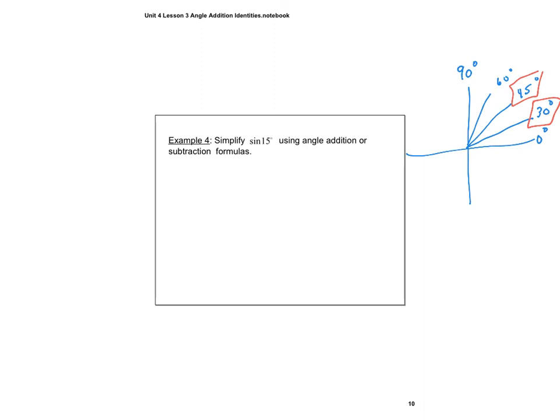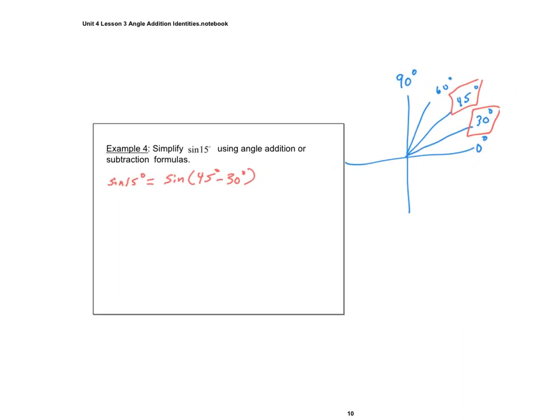So we're going to say that the sine of 15 degrees is equal to the sine of 45 degrees minus 30 degrees, right? Because the sine of 15 degrees, we don't know what that is, but we know some of these values at 45 and 30. We know what the sines and cosines are at those values. So let's go ahead, and I'm going to label these. This is your x minus your y, and it's a sine.